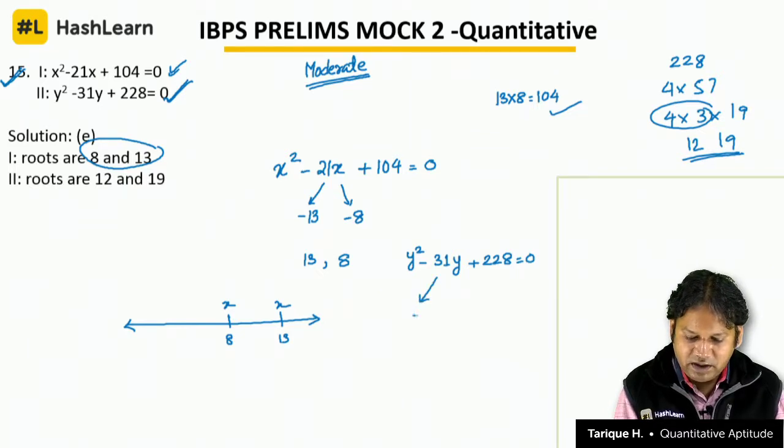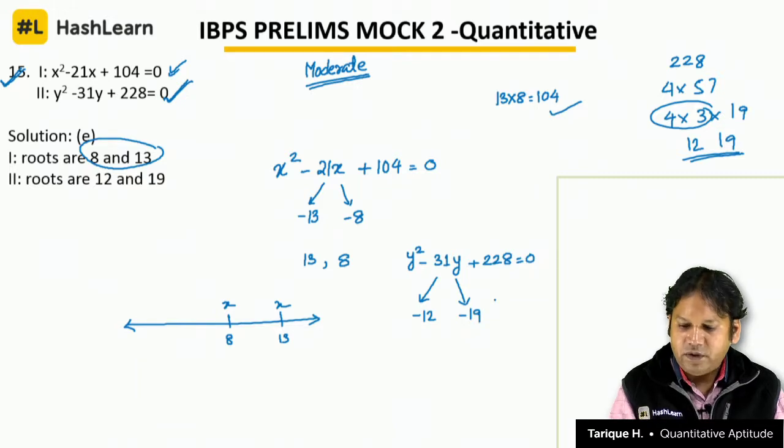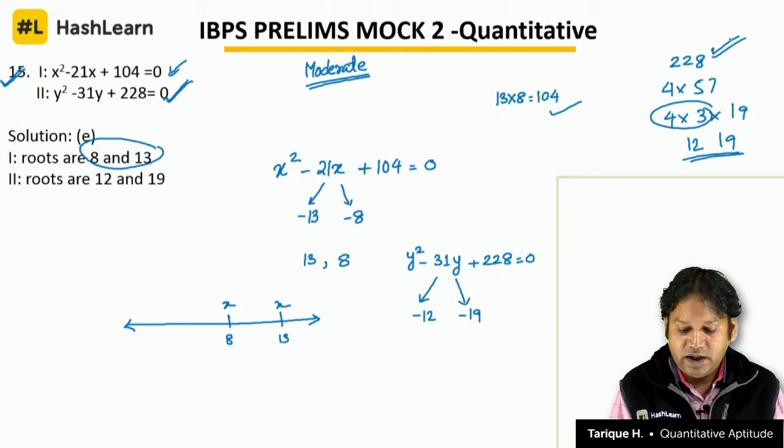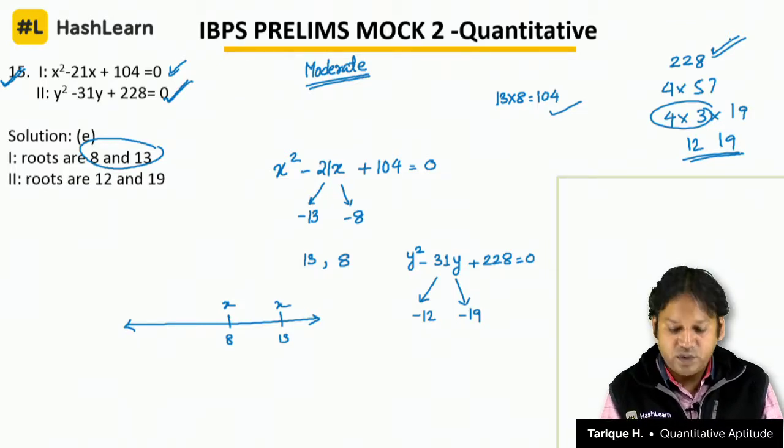So we will write minus 12 minus 19. Again, if you are quick in doing this, then only you can solve it in 5-10 seconds. So minus 12 minus 19 is minus 31, and 12 into 19 is 228.